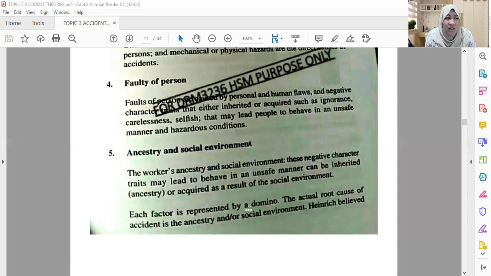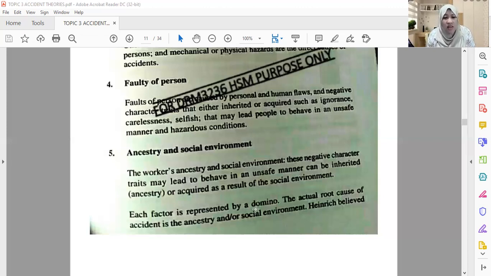For example, a simple thing, using PPE, personal protective equipment. Some say, what? It's too schematic lah this guy. Why use a helmet? Why use a mask? Why use gloves? Why use safety shoes? No need. As long as we can finish the work on time, fine.